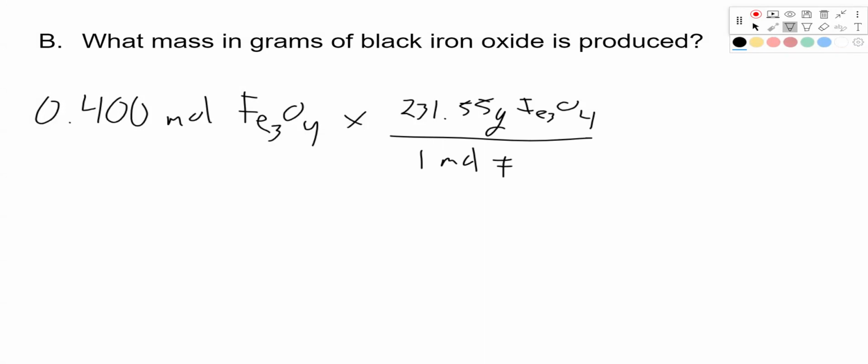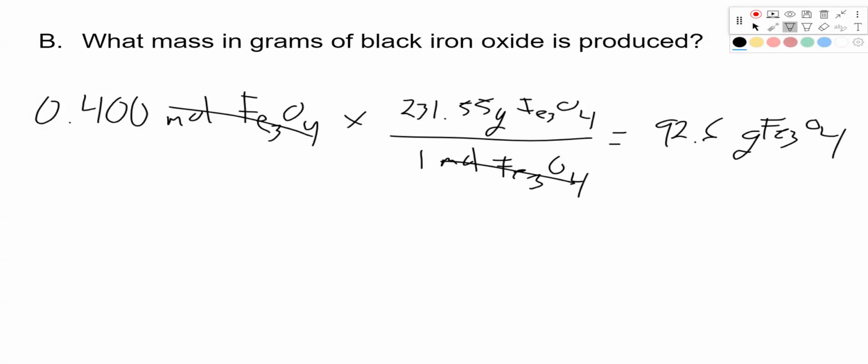It's a big molar mass. Makes sense. Got a lot of heavy atoms in it. So then moles cancel, and we are left with 92.6 grams of Fe3O4. So there it is. That's how much we would make.